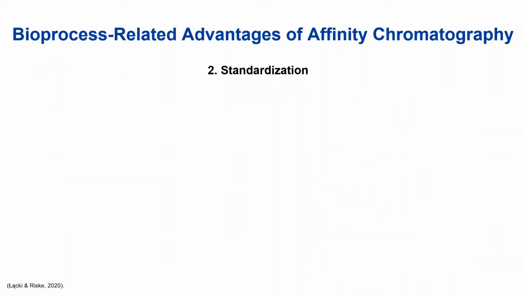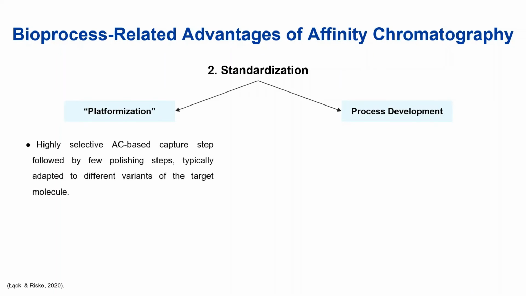Now, affinity chromatography also allows for standardization in different cases, for example, through platformization. This refers to a highly selective affinity chromatography-based capture step, followed by a few polishing steps. Typically, each company develops a few variants of a platform process with different unit operations after the capture step, in order to properly purify variants of a target molecule.